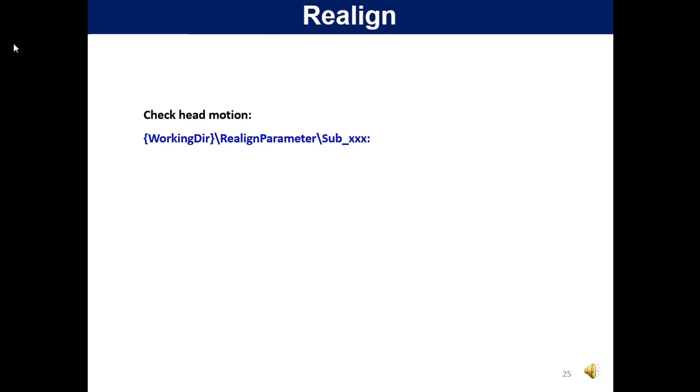In the working directory, under realign parameters, there's a subject directory. In the subject directory, there's rp.txt. This is the realign parameters. It has 6 columns. The first 3 columns are XYZ translation, and the last 3 columns are XYZ rotation.